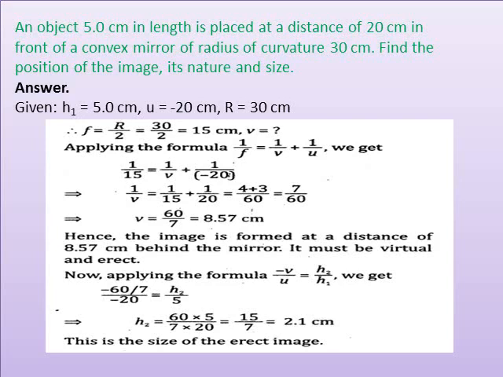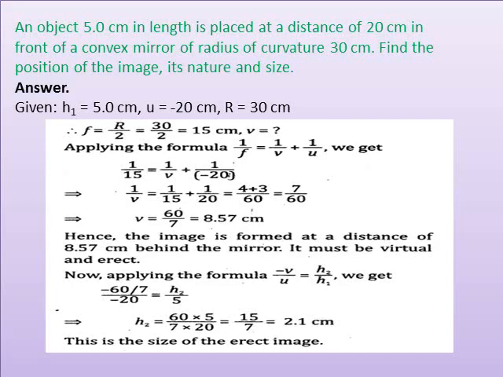Now, what are you being asked? The V value. V is equal to how much? So apply the mirror formula: 1 by F is equal to 1 by V plus 1 by U. Now substitute the values, F as 15 and U as minus 20. Now you see 1 by 15 is equal to 1 by V plus 1 by minus 20.